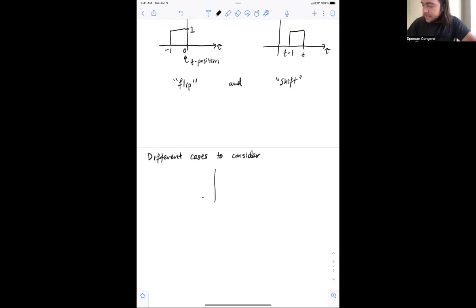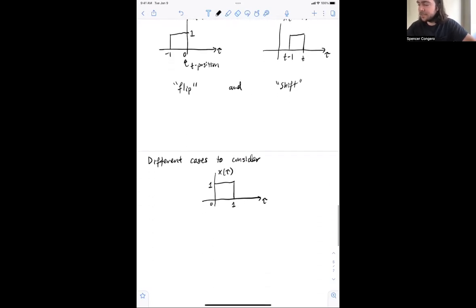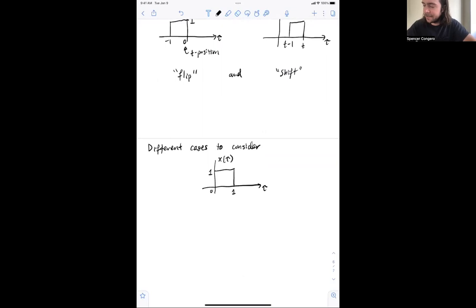Okay, so what I'm going to do is draw my x of tau, which we know is this function. And now I'm going to shift h of t minus tau along this function and consider the different cases I get.